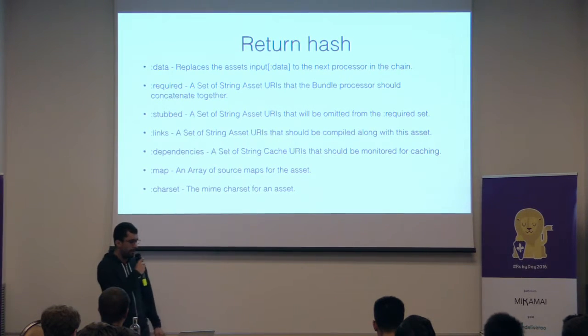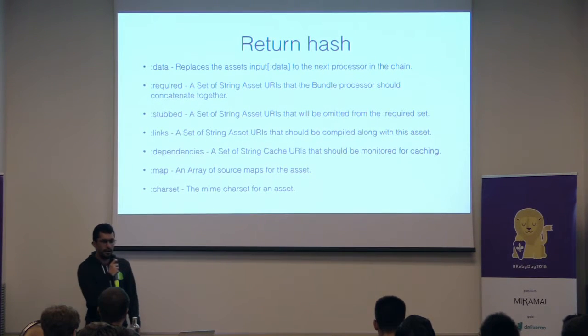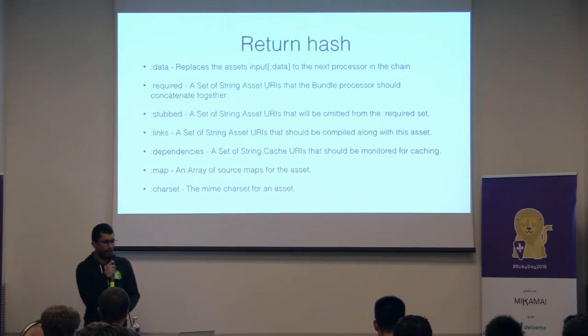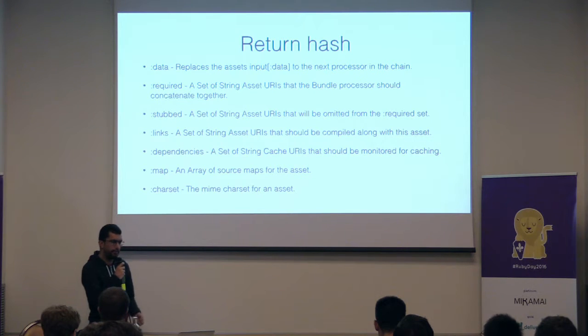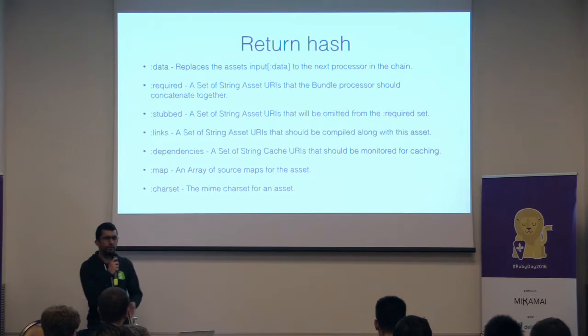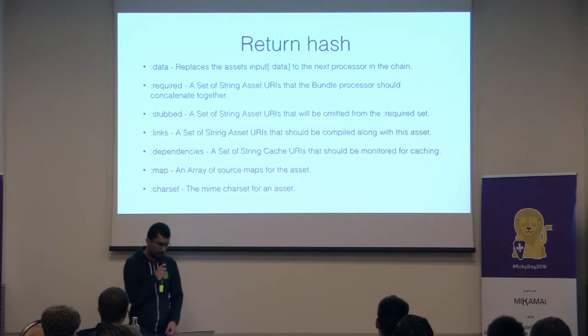Other keys are important for the asset pipeline. So the only required key in that case is data. The other ones are keys that are used by default by Sprockets, but you can put anything you want there. So if you are building a new processor that is capturing all the images to do image splitting, you can put a new key in that return hash.